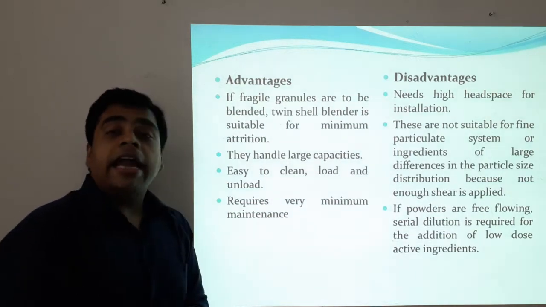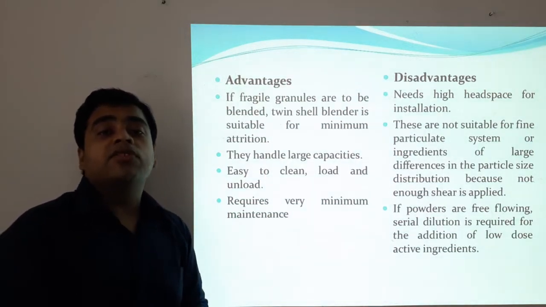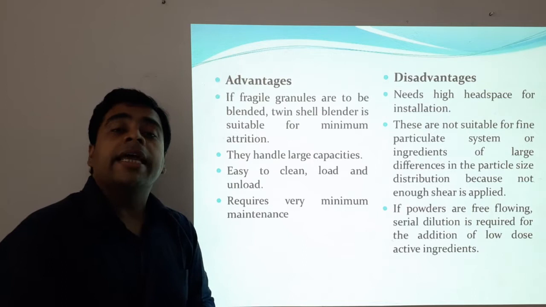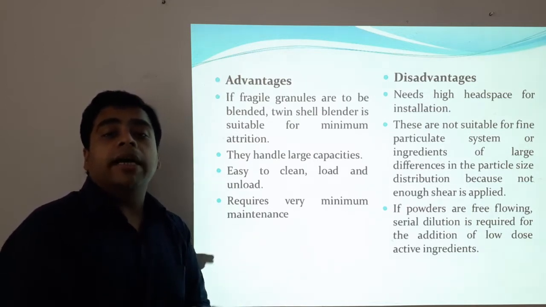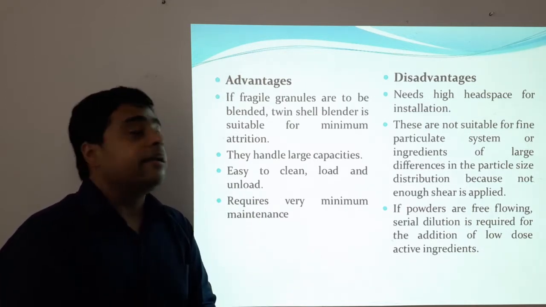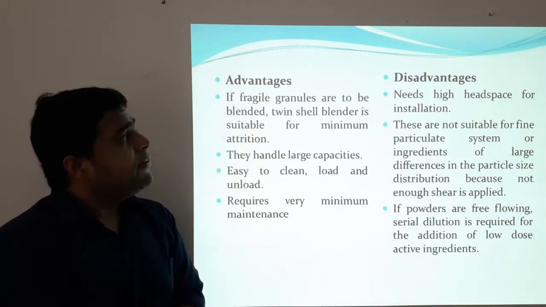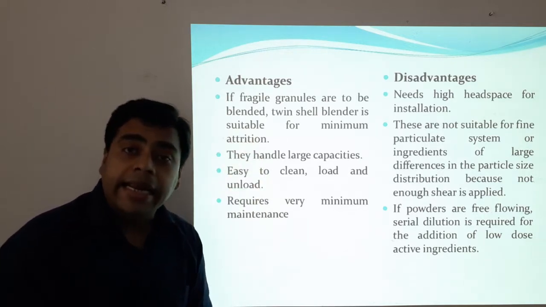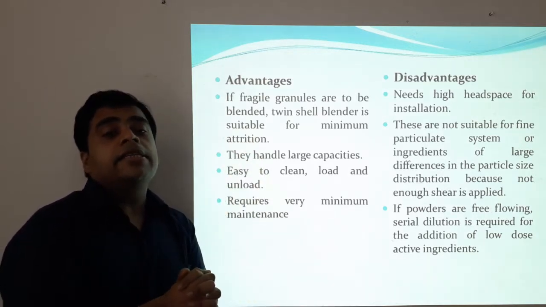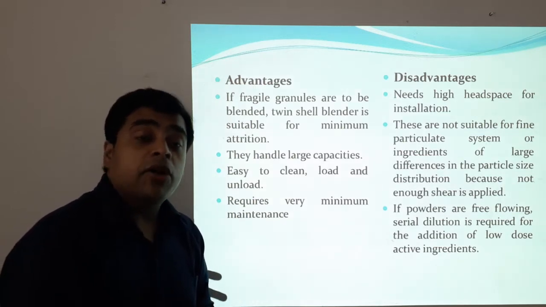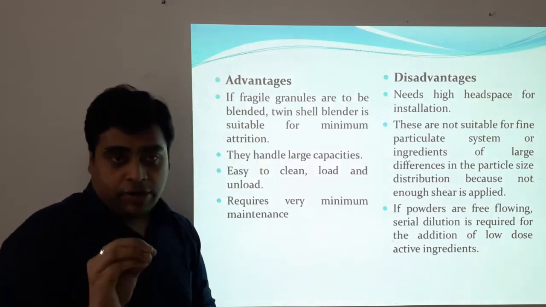Let us come to the advantages and disadvantages of different types of tumbling mixers like V-cone blender, double cone blender, cuboidal blender or cylindrical blenders. Advantages: if fragile granules are to be blended, the twin shell blender is ideal because it causes minimum attrition.